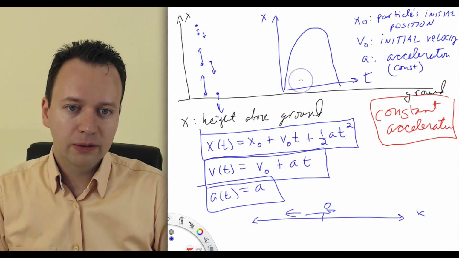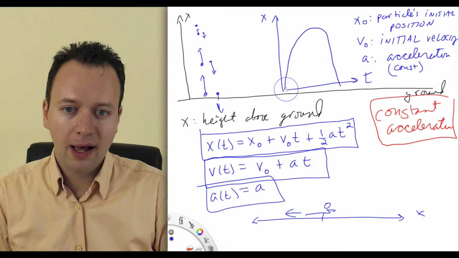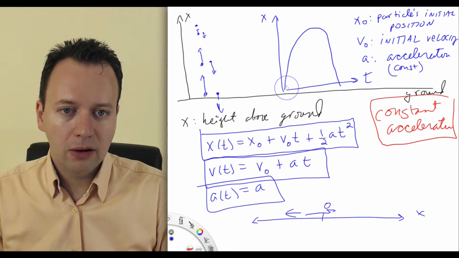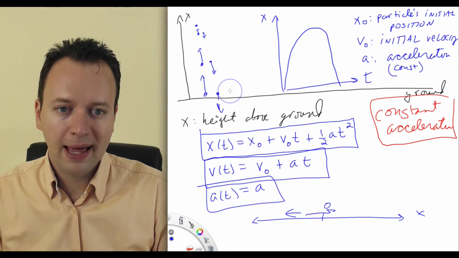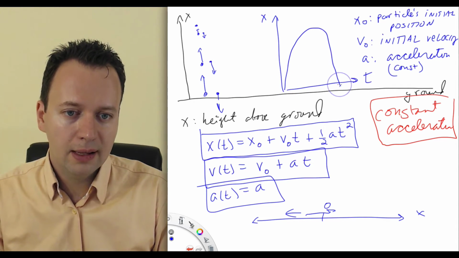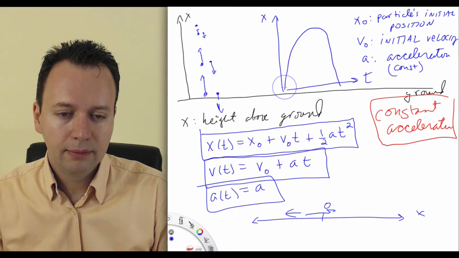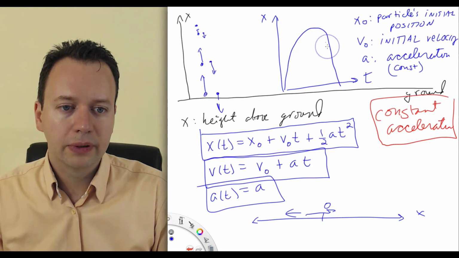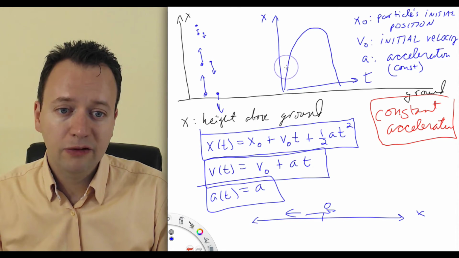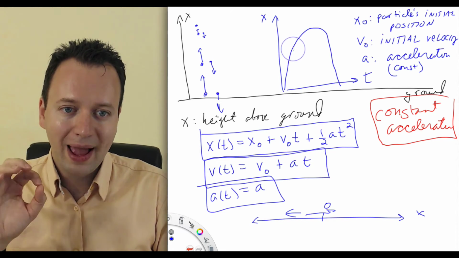So with this projectile example, I launch a cannonball straight into the air. It just goes straight up and comes back down. If you plot that as a function of time, you see a parabola, up and then down. The velocity is positive because you're adding to the height.